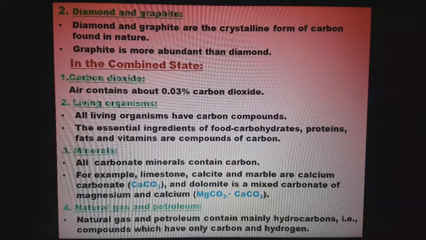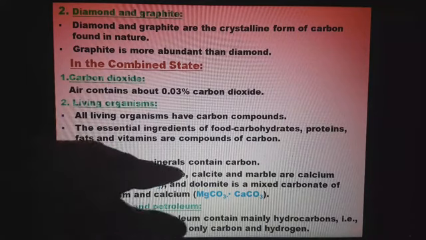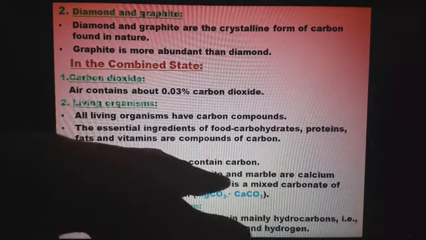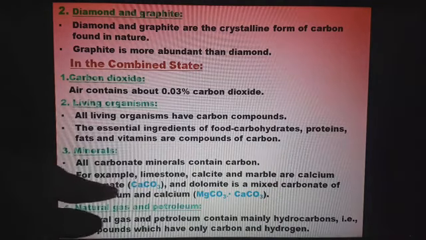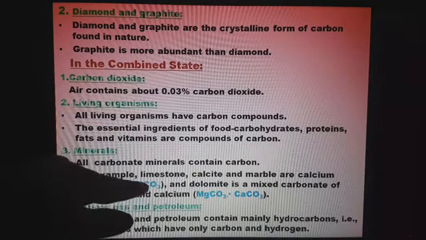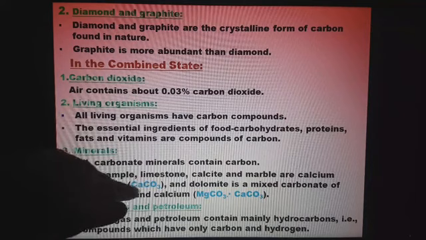Then third, minerals. So this is the third example in which carbon is found in the combined state. All carbonate minerals contain carbon. Here are some of the examples. For example, limestone, calcite and marble are calcium carbonate. As you can see here, carbon is being combined with calcium and oxygen.